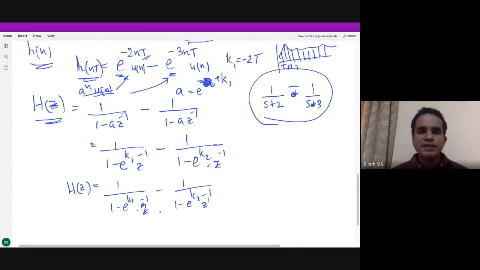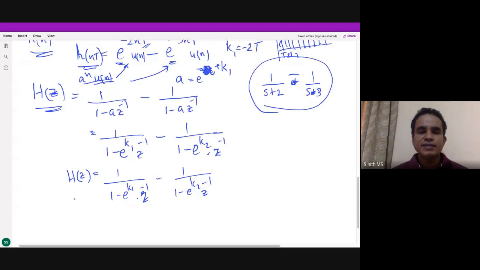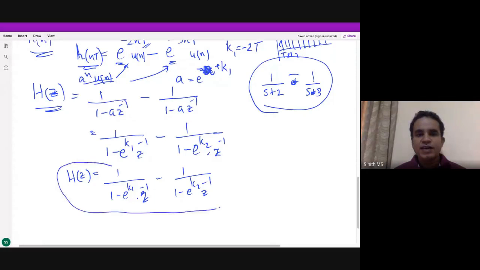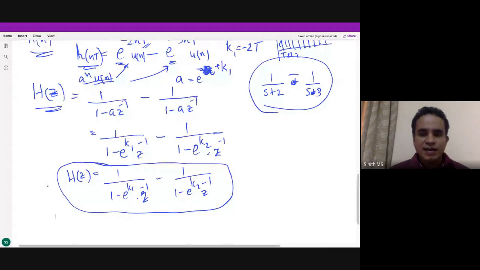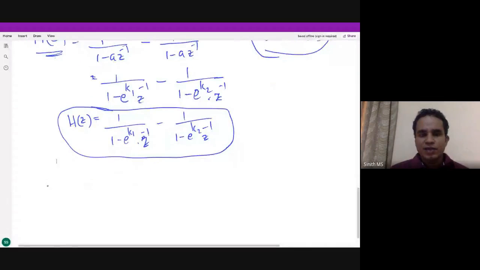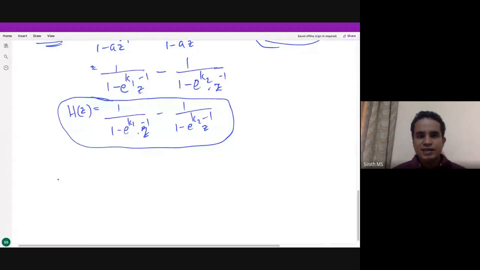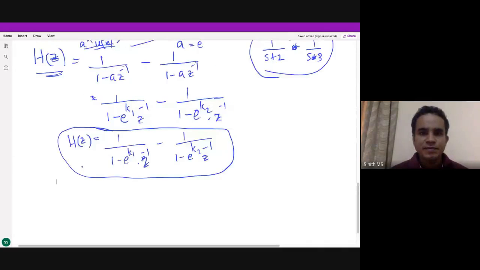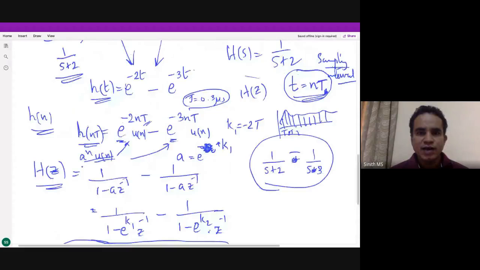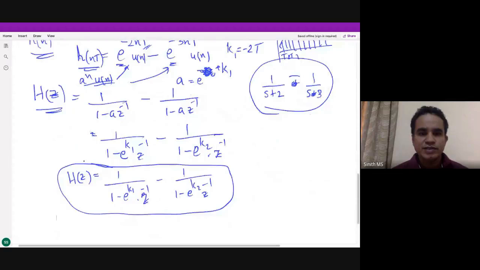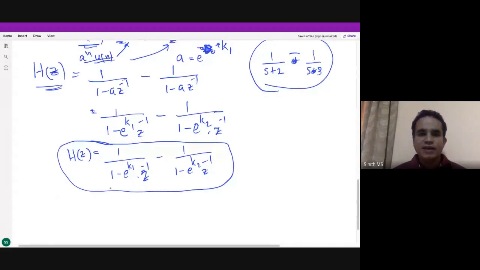Now what has happened here basically? So this is the H(z). e raised to k1 is another constant, z inverse is the delay element. This you can very well implement in hardware. Now let us see. In our case, you had 2T, so you can replace k1 with the sampling period. Suppose T is 1 second.